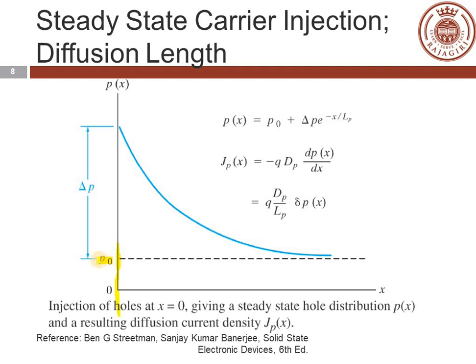So equilibrium hole concentration was P0. In addition to that, we are creating some excess holes which is equal to capital delta P.